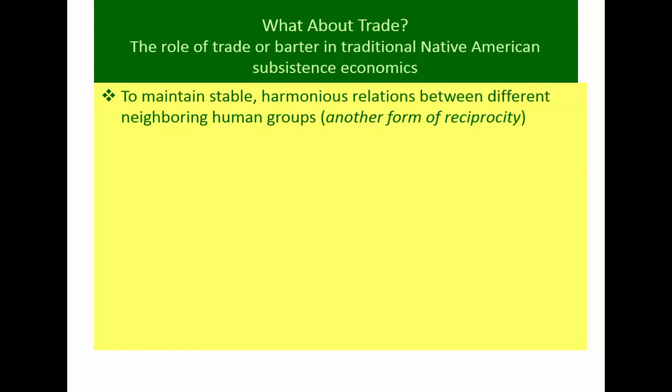So there are two primary reasons why societies engaged in trade before unsustainability came in and dependence on trade came in later. So before that, most of our human existence, people traded for these two reasons. And the first one is back to relationship and reciprocity, keeping the world alive, all of those things.